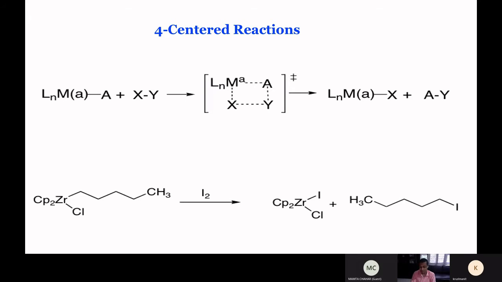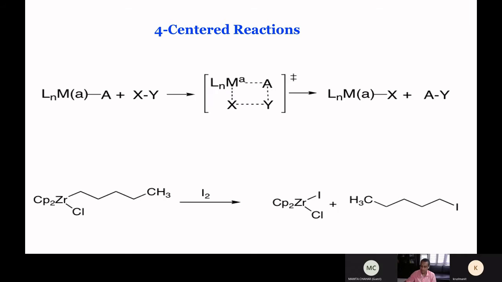This high energy could be in the form of high temperature. You heat it really hard and then you get it. It could be by other methods, pressure for example, you pressurize it and do a high pressure reaction. It depends.